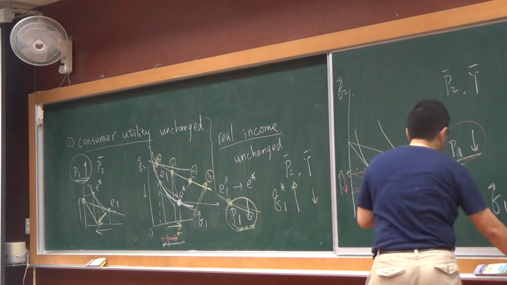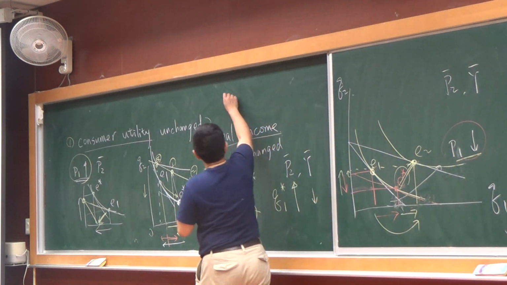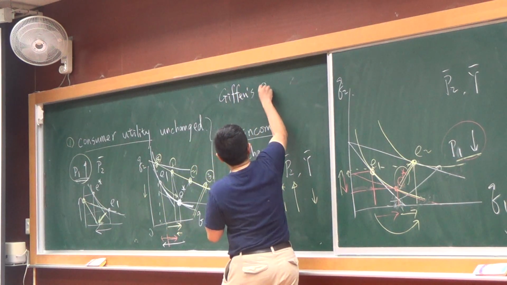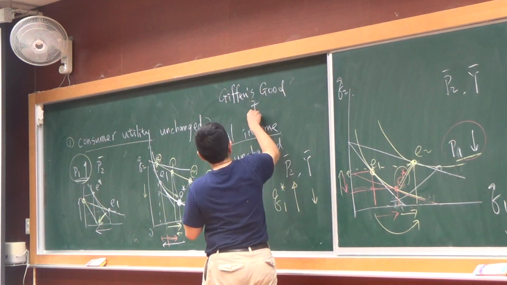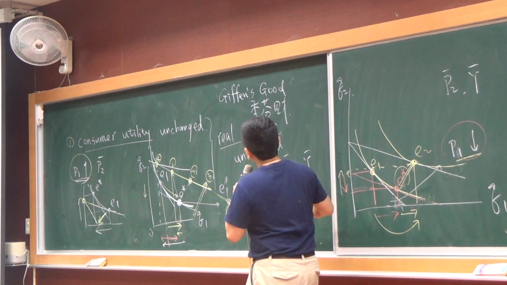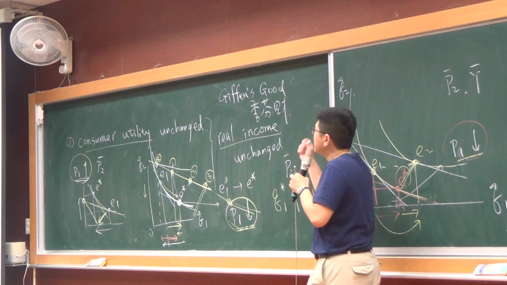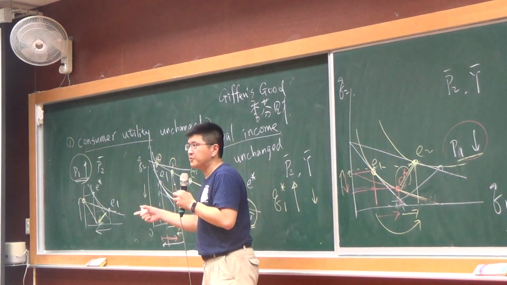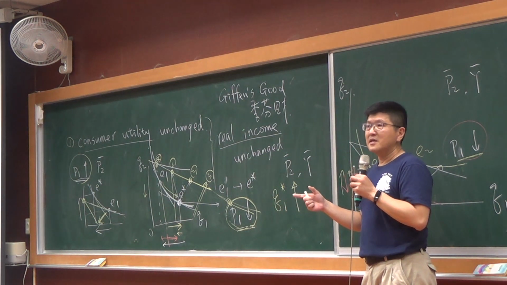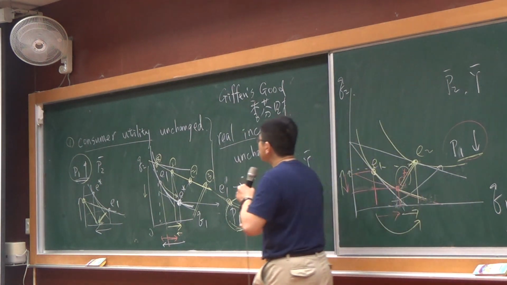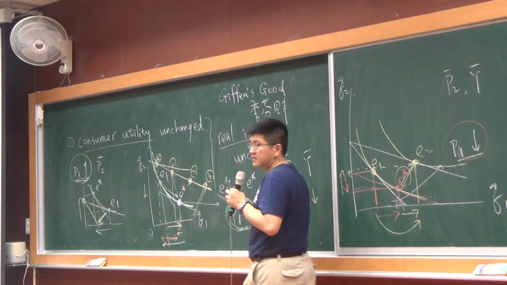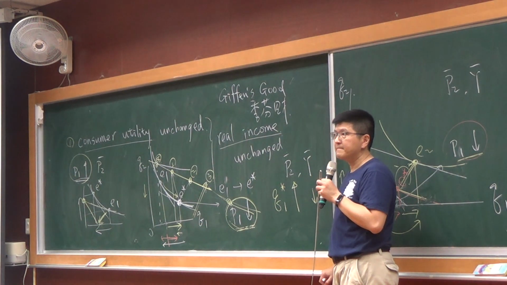So a Giffen good is actually something inferior and very, very inferior. It is too inferior so that the income effect exceeds the substitution effect.